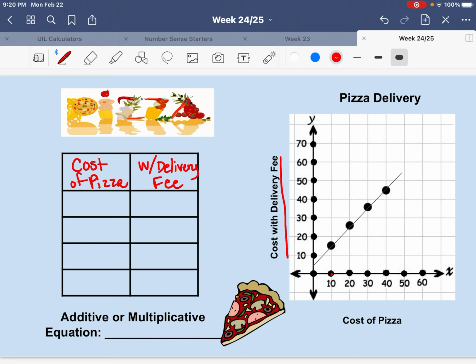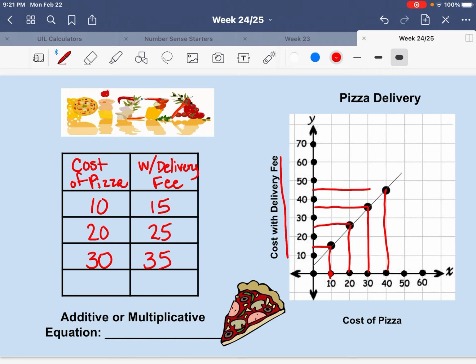If it's $10 for the pizza, it'll be $15 with the delivery fee. If it's $20 for the pizza, it'll be $25. If it's $30, it'll be $35. If it's $40, it'll be $45 with the delivery fee.